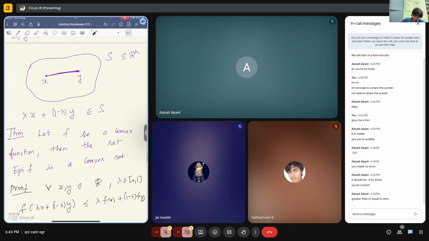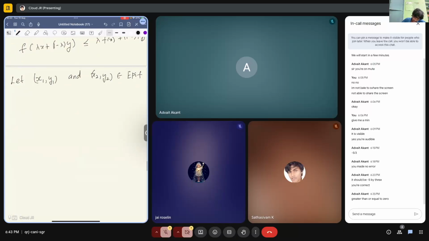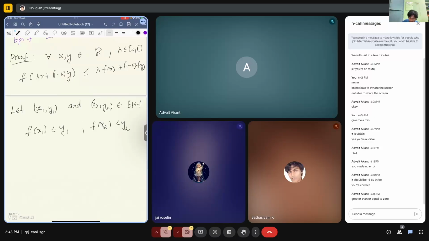So any 2 points like that. That means f of x1 is less than or equal to y1 and f of x2 is less than or equal to y2. So this much you have.